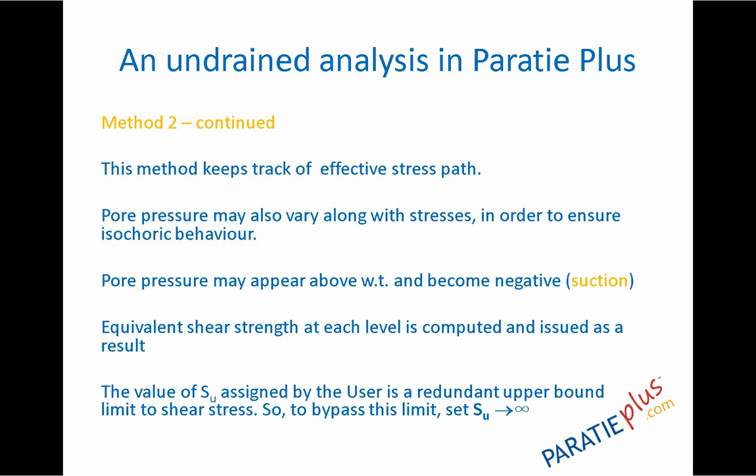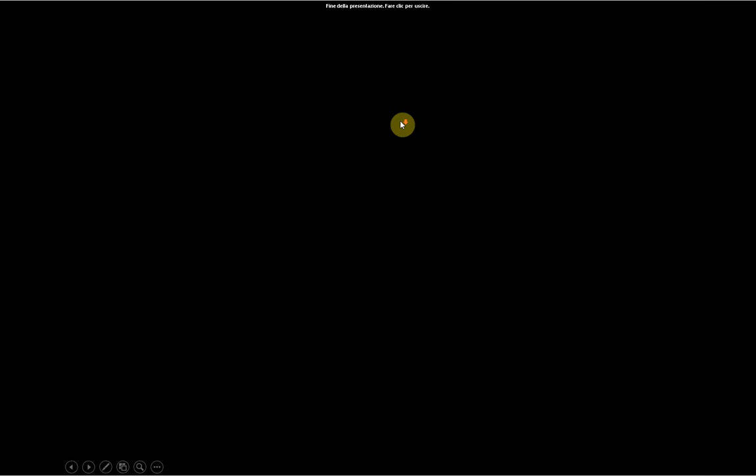Of course, if one doesn't want to consider this additional limit, it is simply sufficient to set this limit to a very high value. In another video, we will go to Paratie Plus and see how to do this and how to assess the results. Thank you.